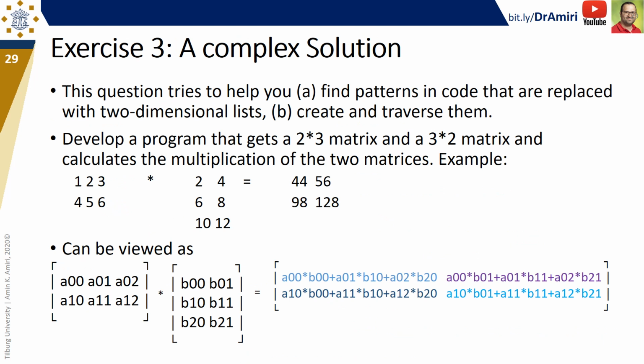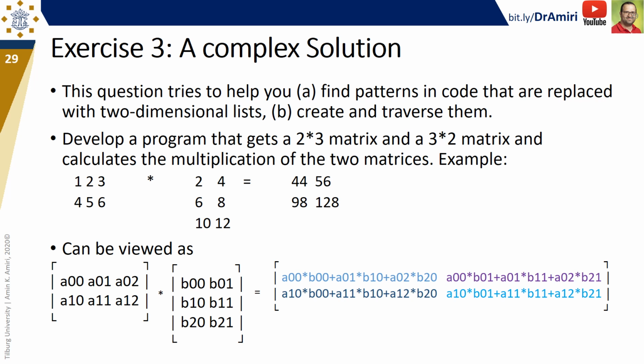For exercise 3, I need you to develop a complex solution. This question tries to help you find patterns in code that are replaced with two-dimensional lists, and also create and traverse two-dimensional lists.